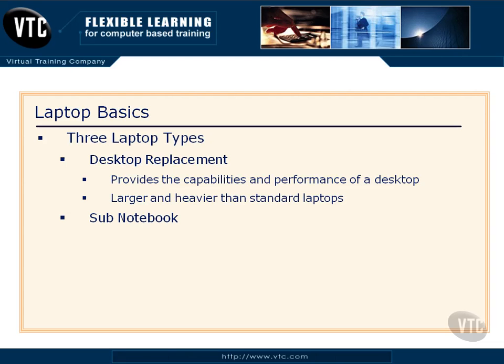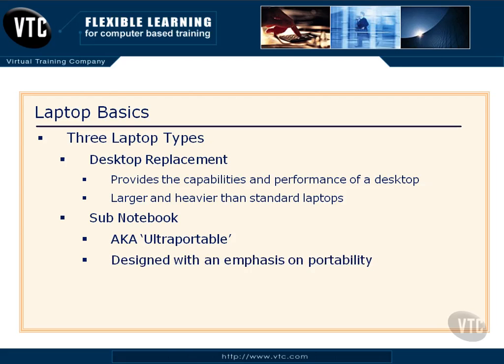Now, the next type is a sub notebook, and a sub notebook is also known as an ultra portable, and these things are designed with an emphasis on portability. Some of the Sony Vaio laptops were marketed as being thinner and lighter than everything else, and for quite a while in the marketplace, the thinner and the lighter, the more expensive and the more in demand these things were.